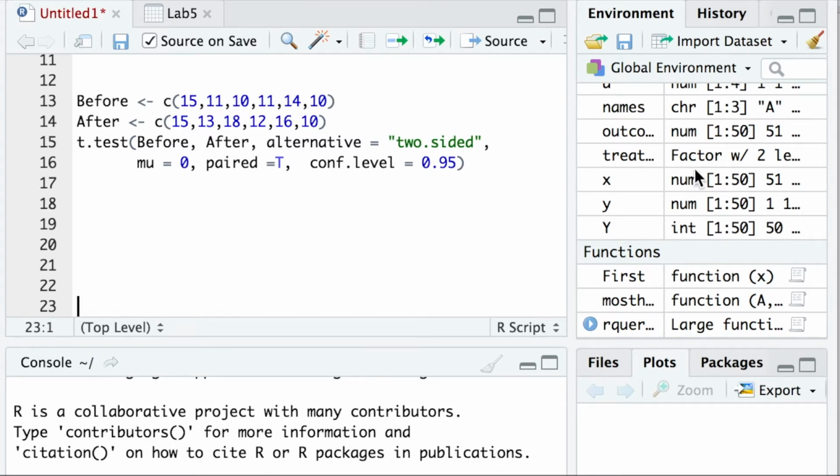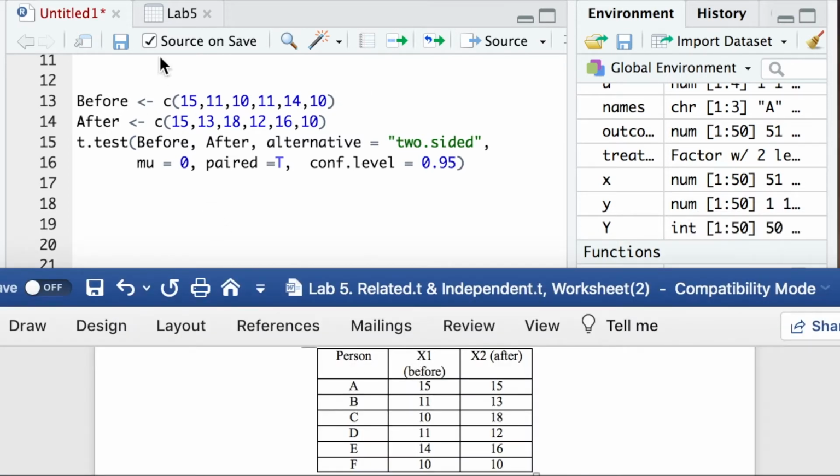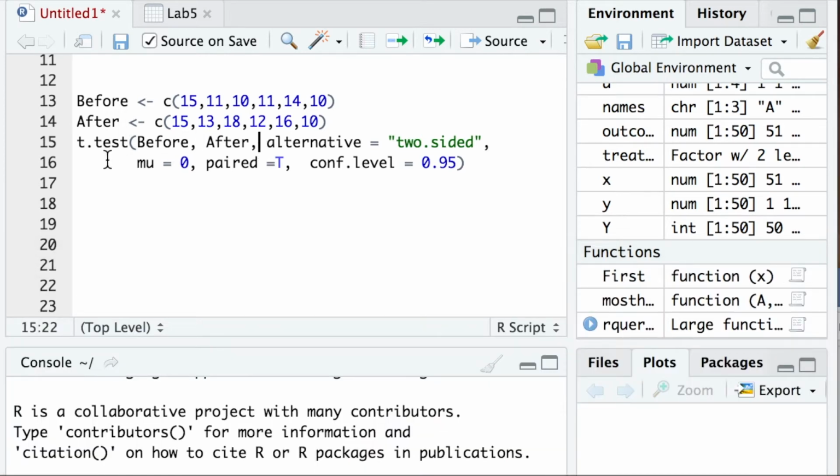You need to enter the before data into the parentheses, like from 15 to 10, and then build the other variable, after. Then you can enter the t-test code. Enter t.test, parentheses, before, after, and tell R the hypothesis is alternative equals two-sided, because this is a two-tailed test. The mu value is 0.